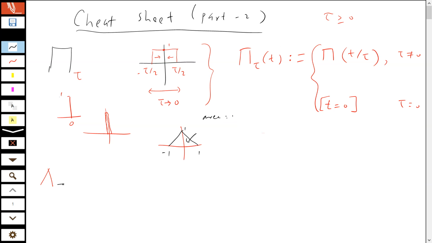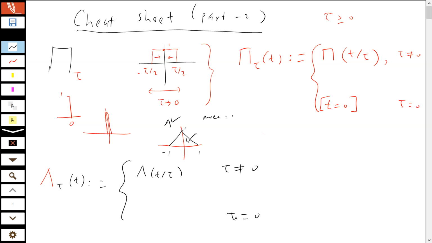And when we want the area to be tau, our definition so far was to start with this unit area triangle, and then apply this time scaling operation. And of course, this is only possible when tau is non-zero.